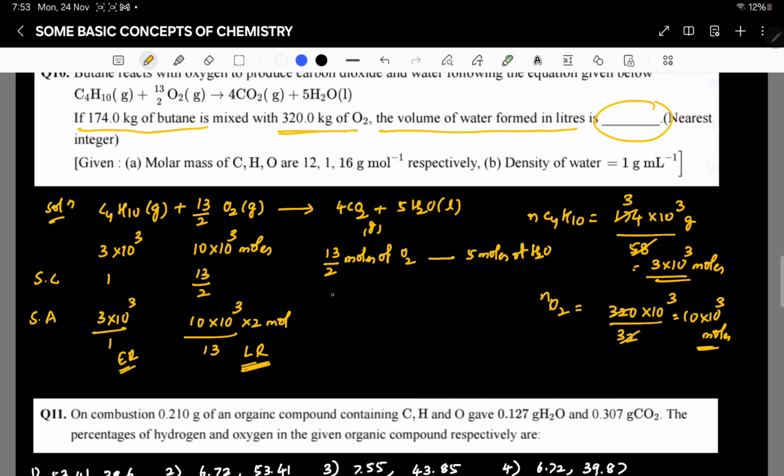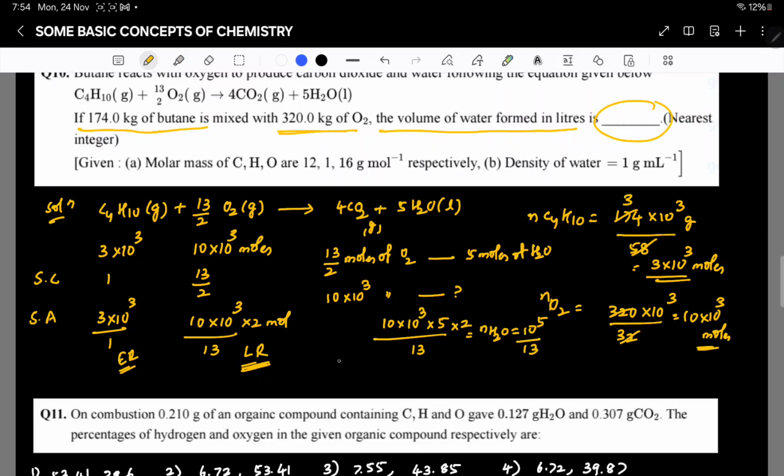Then 10 into 10 power 3 moles of O2 gives how much? So that is equal to, student, 10 into 10 power 3 into 5 divided by 13 by 2. Now you will get the number of moles of H2O, right?